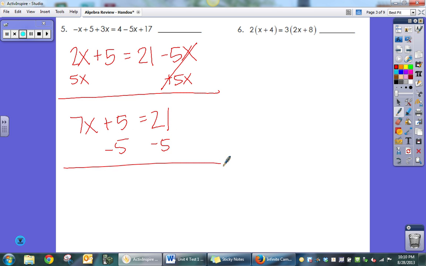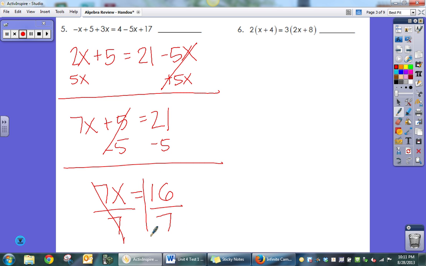Subtract 5 from both sides. 7x equals, and I have 21 minus 5, so that's going to become 16. Divide both sides by 7. You get 16 over 7. So in this case, please leave that as a fraction, an improper fraction or a mixed number, but please do not make that a decimal.